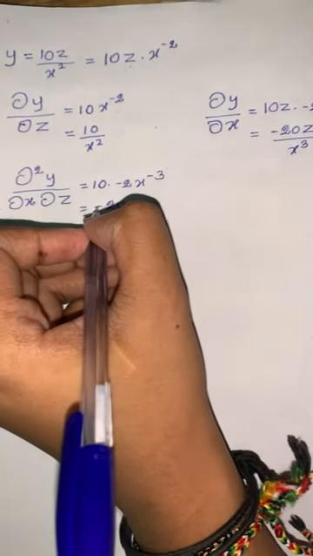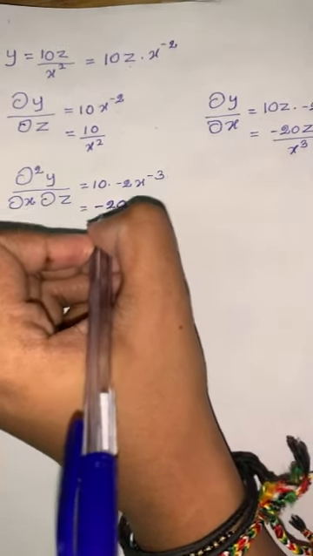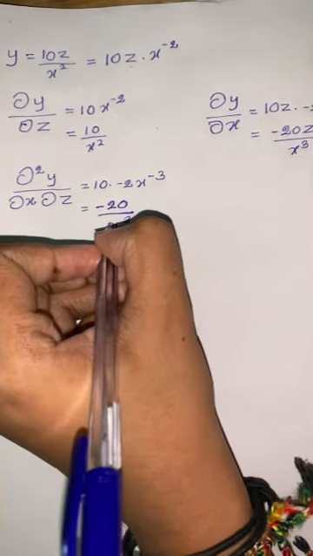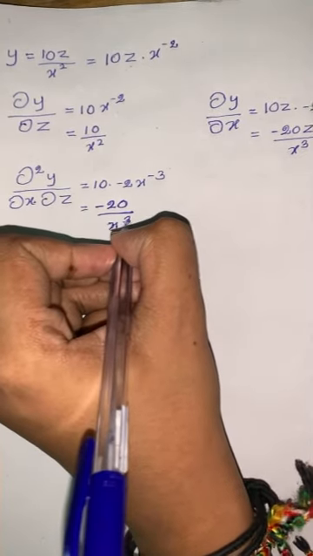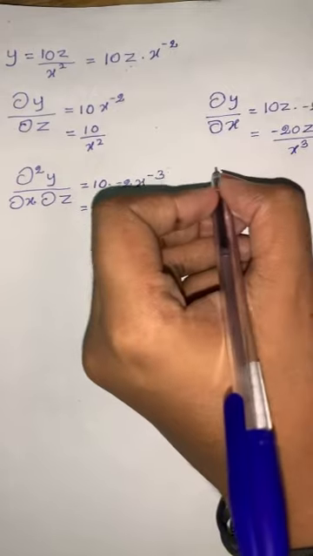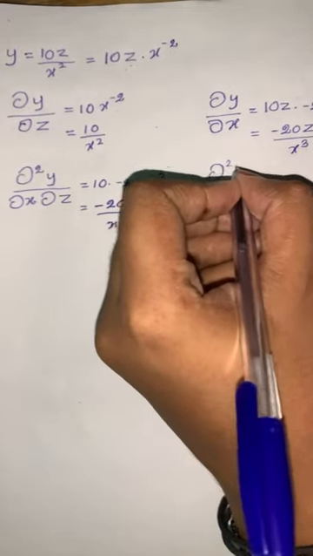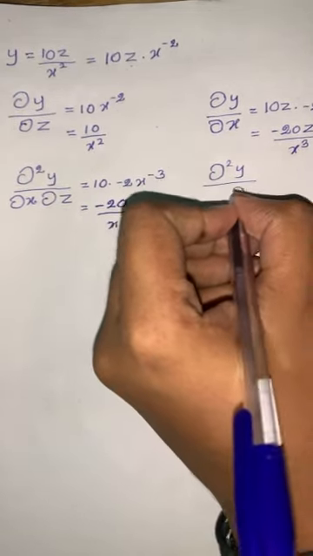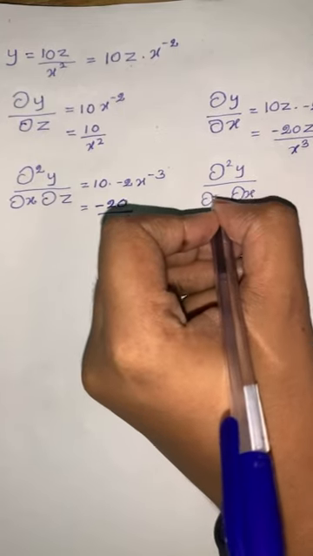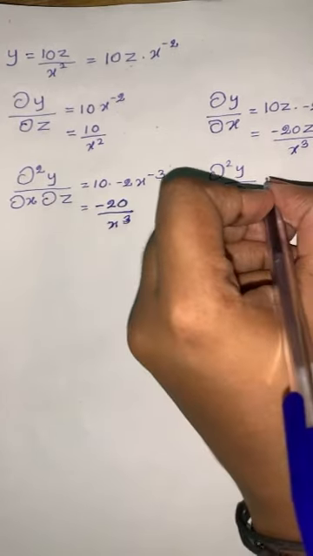So if we do, the answer is minus 20 over x to the power 3. Okay, so do this one, ∂²y over ∂x with respect to ∂z.